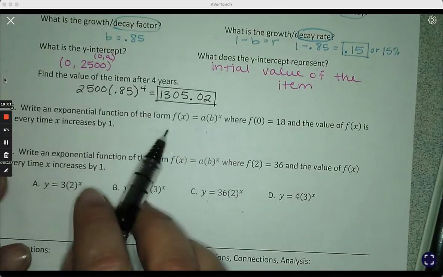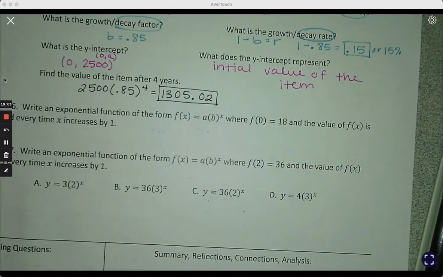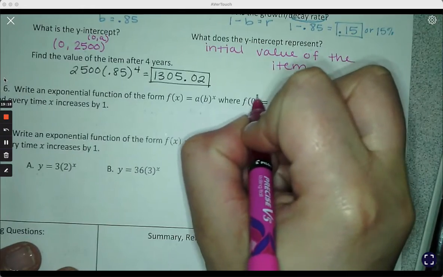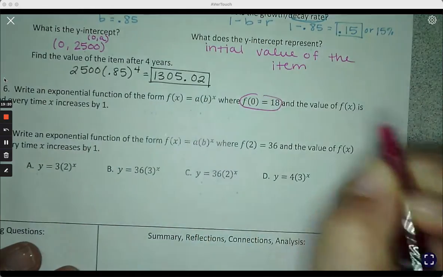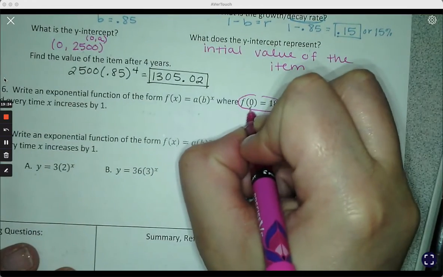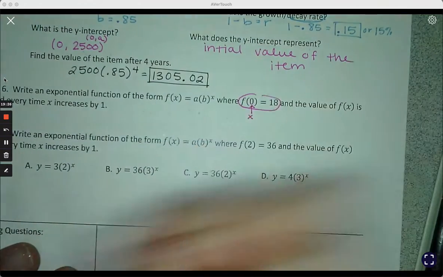Write an exponential function in the form f of x equals a times b to the x, where f of 0 is 18 and the value of f of x is doubled every time x increases by 1. Okay, so first thing that we need to do is interpret what this means. F of 0 is 18. All right, so this right here is the x value.